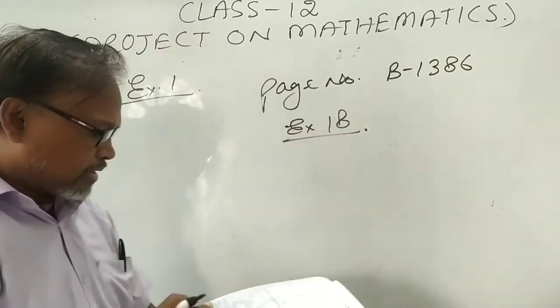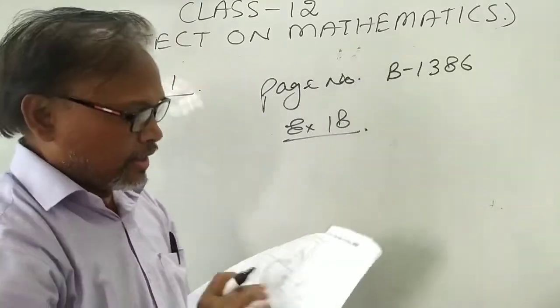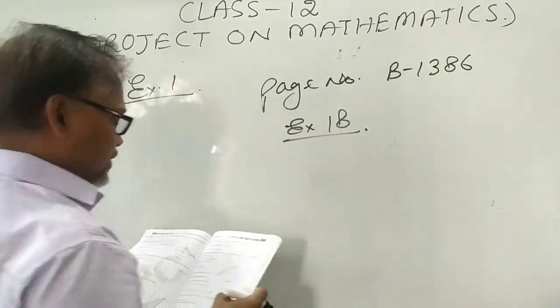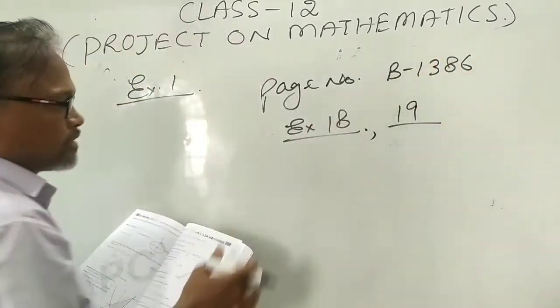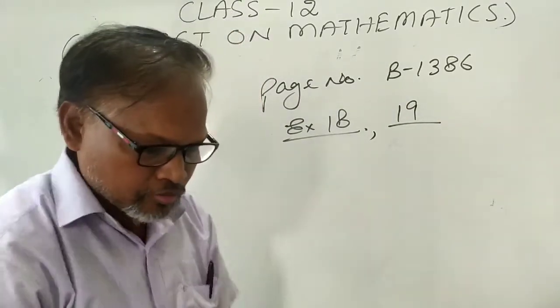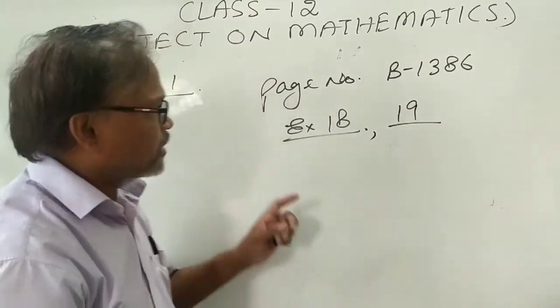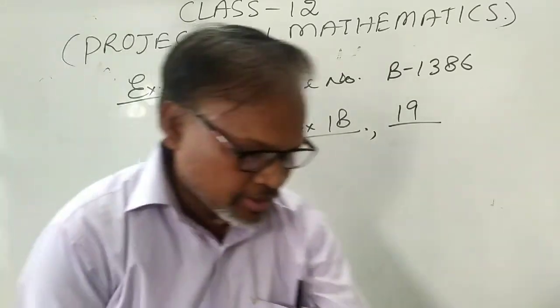You can choose example 18. This is also based on the curve and the line. And one more example, you can take example 19. Also, you can take page number 1386 and page number 1387. And then draw the figure also, and do exactly whatever is given in the book.